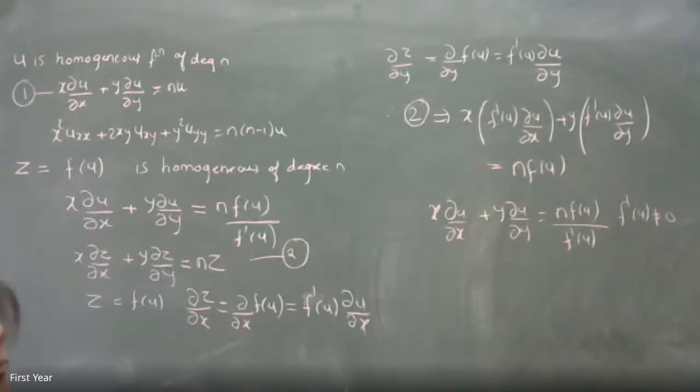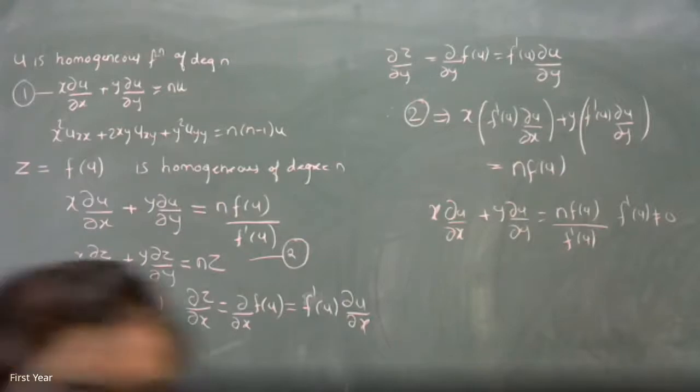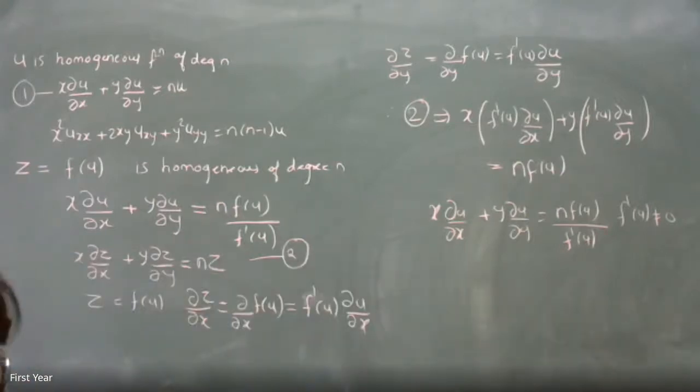So you got that x del u by del x. Just a second. Why only? I think only C division students have joined. D division students could not join. Just a second.